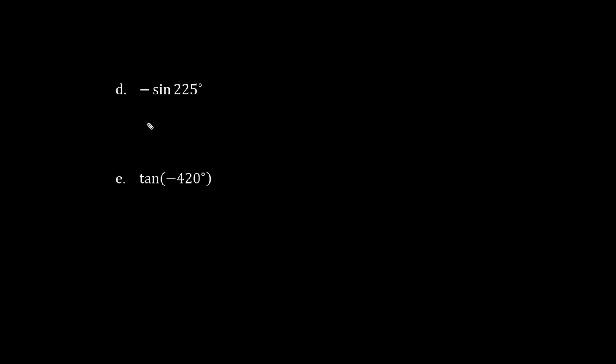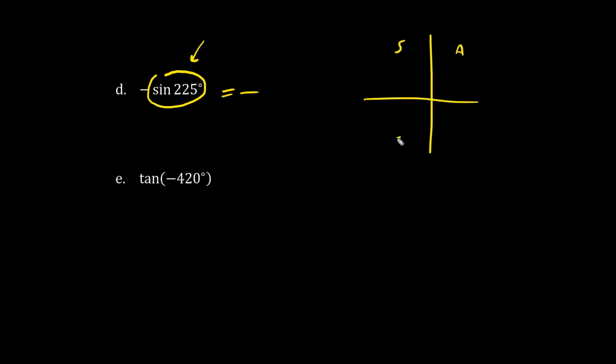Now, what is negative sine 225? Sine 225 is just some value, and all we're doing is sticking a negative sign in front of it. So let's leave this negative sign alone and focus on sine 225. ASTC, 225 is here again, and the reference angle is 45.